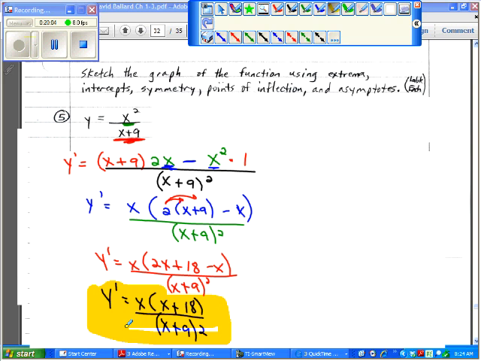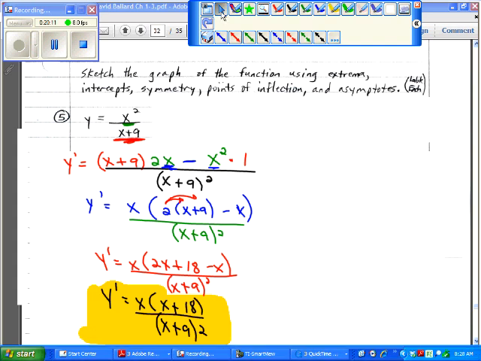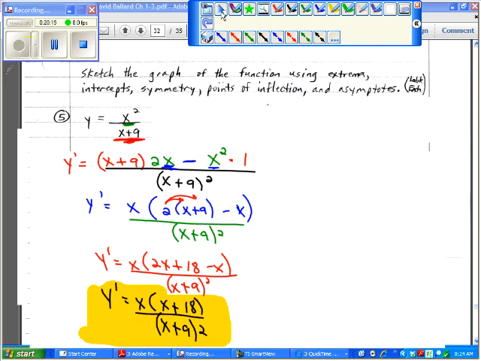So we've got a vertical asymptote, no horizontal asymptote, a slant asymptote, the x and y intercepts, and the first derivative. Now, our critical numbers come out of our first derivative, right? So let's talk about our critical numbers before we find the second derivative.